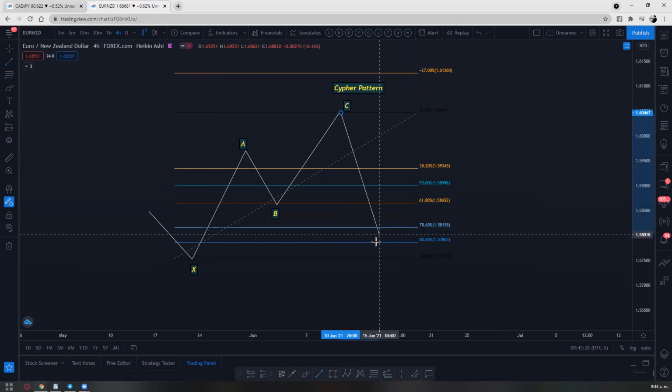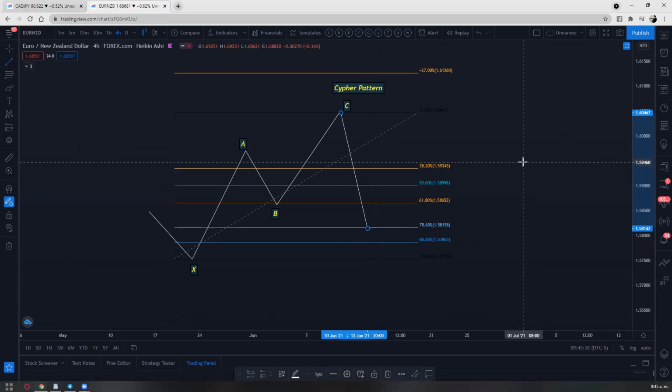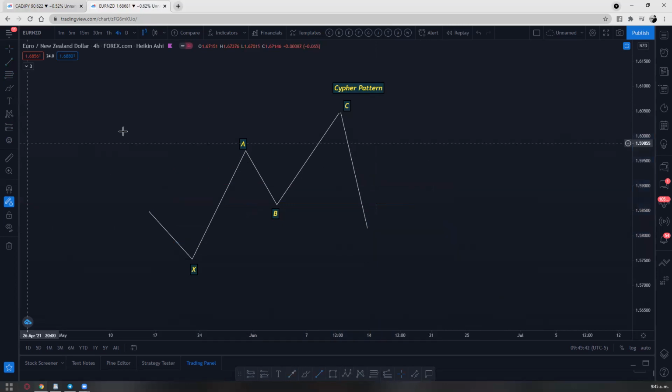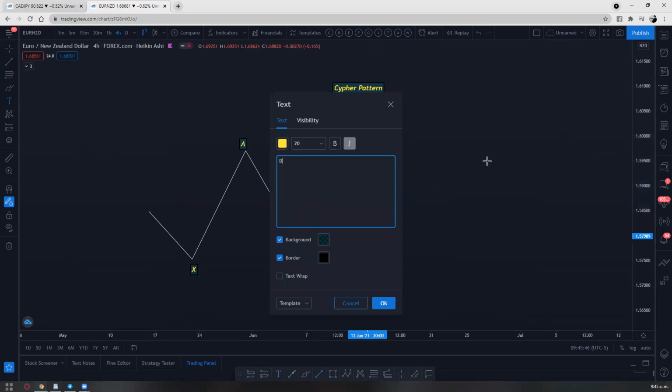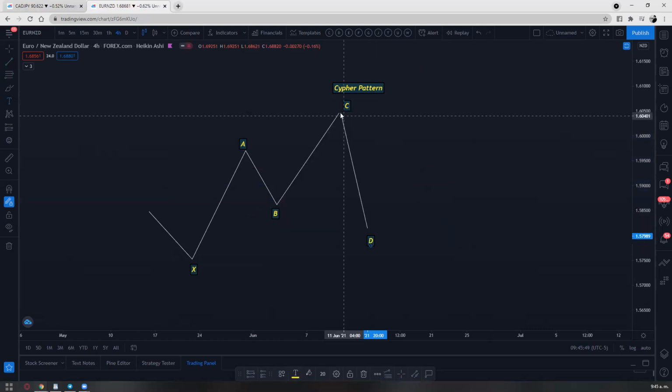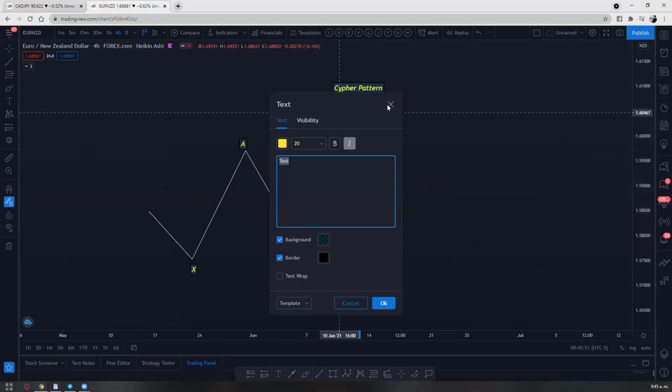It has to be within the 78.6 and 88.6, inside this area right here. Once the body of the candle ends just touching the 78.6, that would be our point D. That's the Cipher pattern.